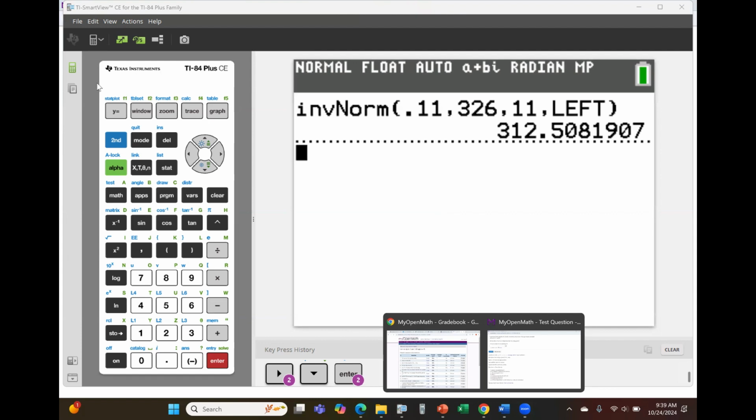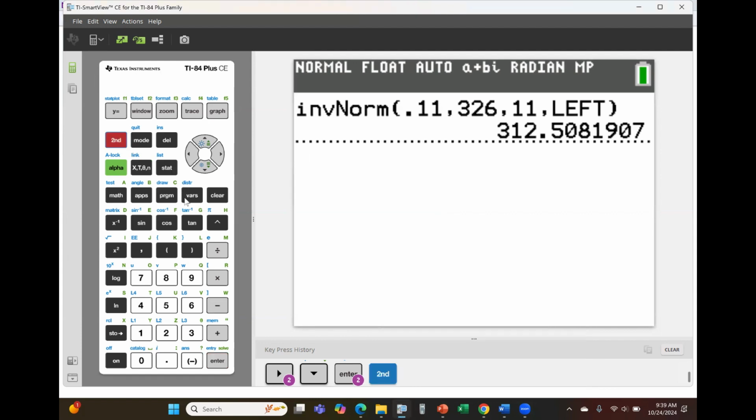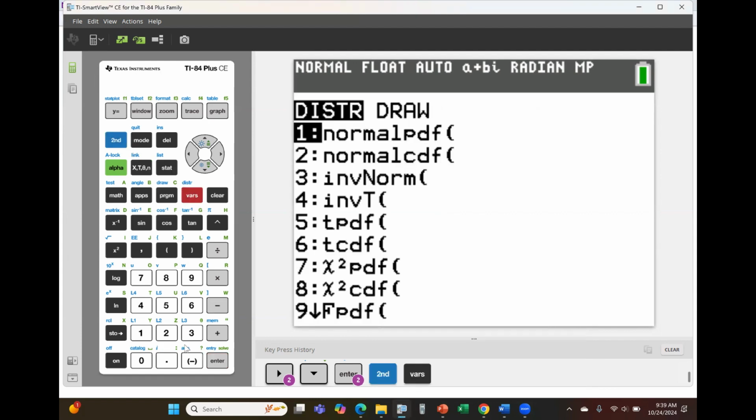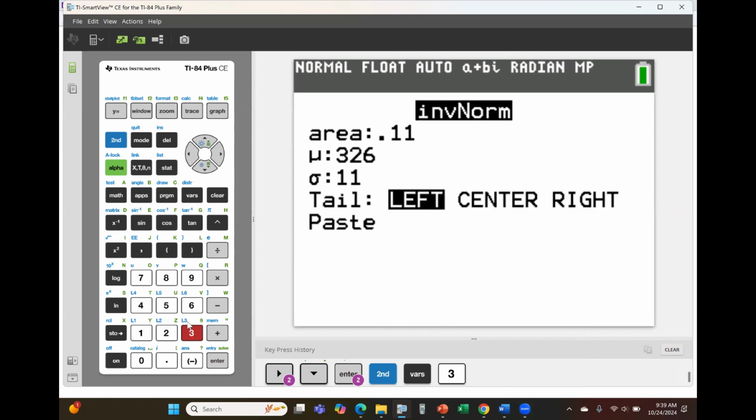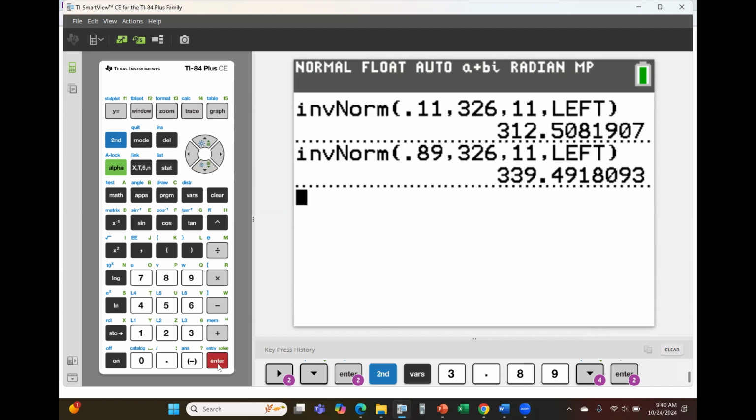Now I could do it defaulting to the left. Would that be 0.89? Is that the only difference? What did I do wrong the first time? Oh, I used left. It's supposed to be right.